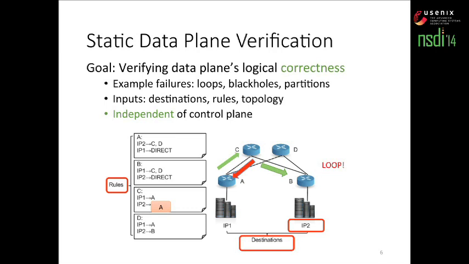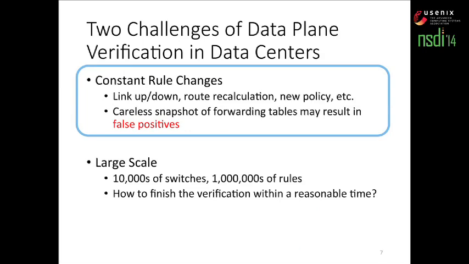There are 2 main challenges of static data plane verification in data centers, and they are the main topics of today. The first one is constant rule changes. In large data centers, links can go up and down, there is constant route recalculation, and network admins may try to install new policies, etc. And what's worse, as I will show later, careless snapshots of your forwarding tables may result in false positives.